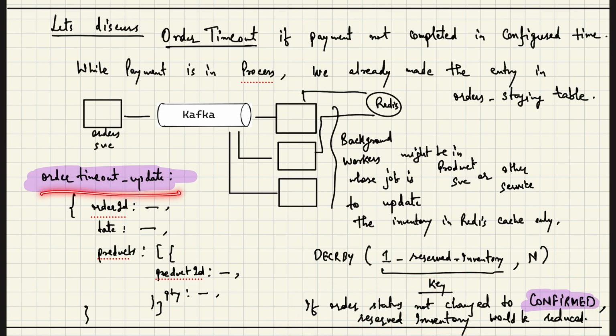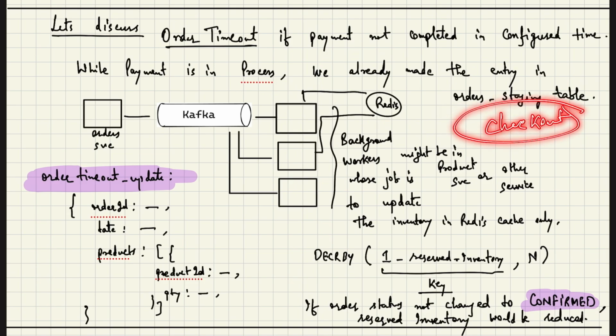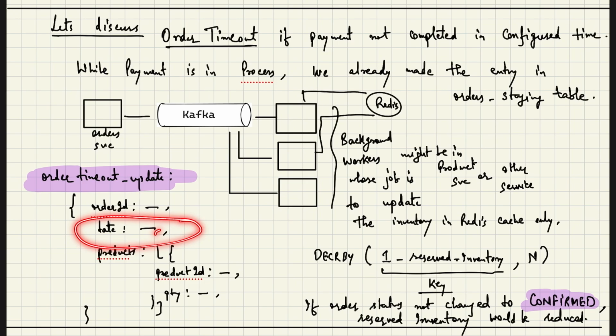The order timeout update message would be sent as and when the order's entry is created in the order staging table. When the user clicks on checkout, this entry would be created, and this message would also be sent. The background workers would see the time for this and the configured payment timeout time.